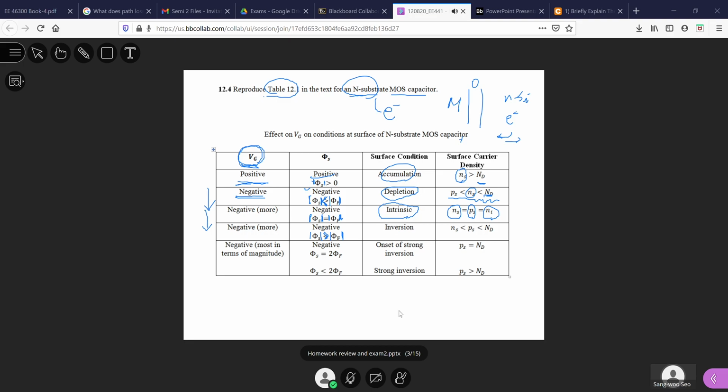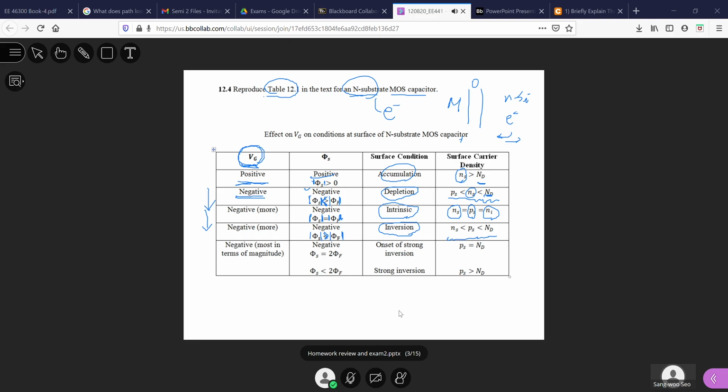For this condition, the surface condition is now changed to inversion, which means that the hole concentration is much larger than the electron concentration. And here we create the inversion.